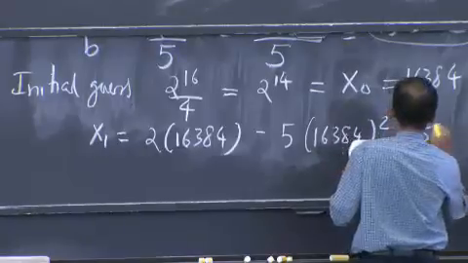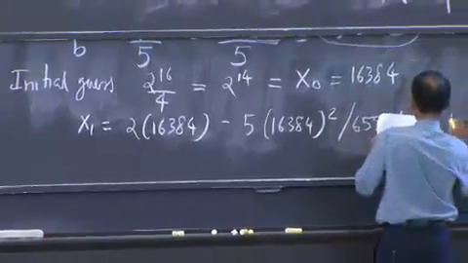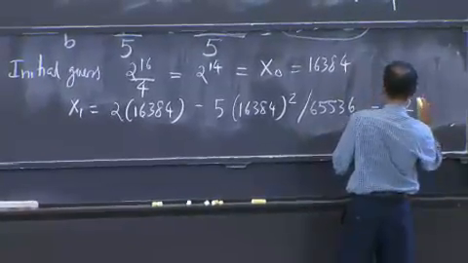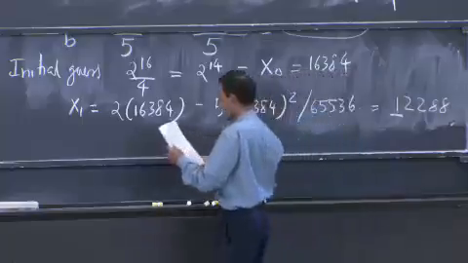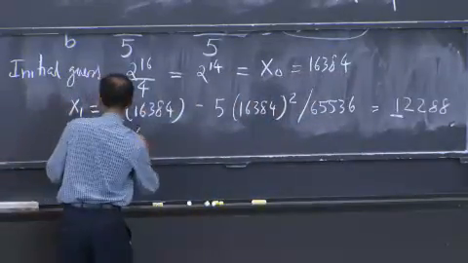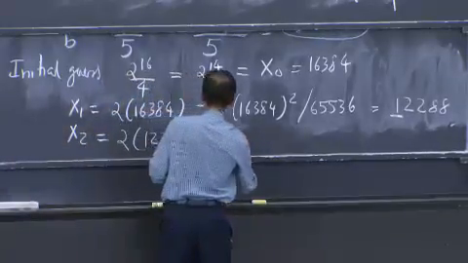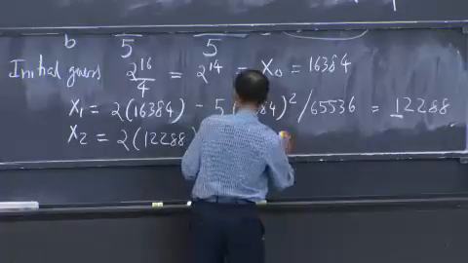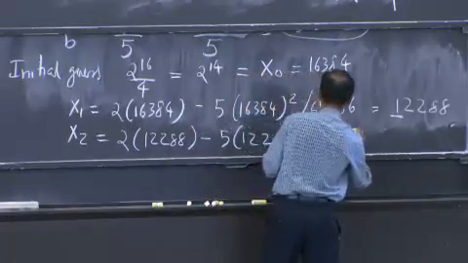And you divide by 65536, and this is 12288. So you really have like 1 digit of precision there. But the next time around, you get 2 times 12288 minus 5 times 12288 square divided by 65536.